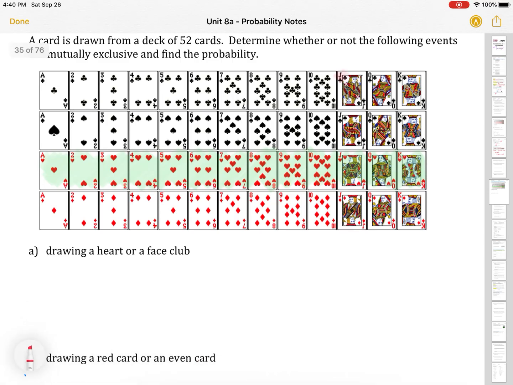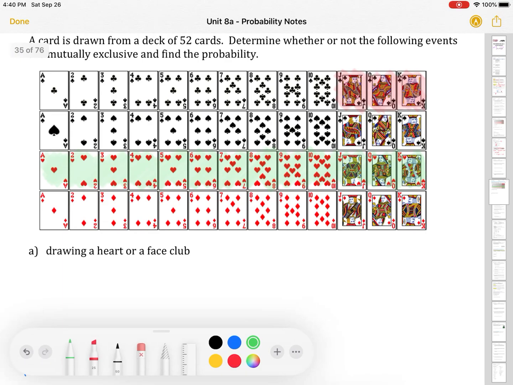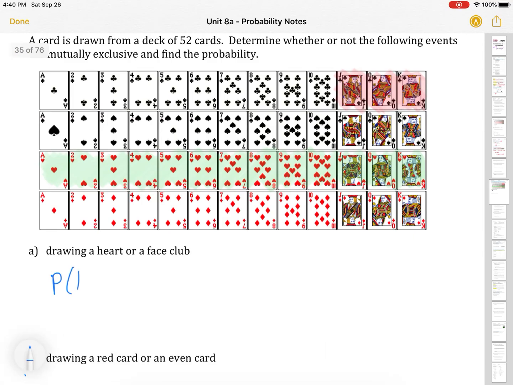So those are all my hearts. I'm shading them in green. Or a face club. So let's shade that face club. The face clubs are up here. Now there's no overlap, is there? So they are mutually exclusive.